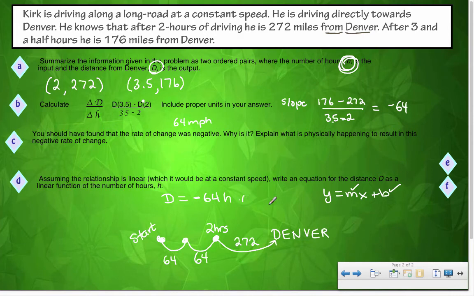So my starting point was 64, and 64 is 128. And then I'm going to add on to that 272 more miles, because that's the distance I still have to go. And I must have been 400 miles away from Denver.